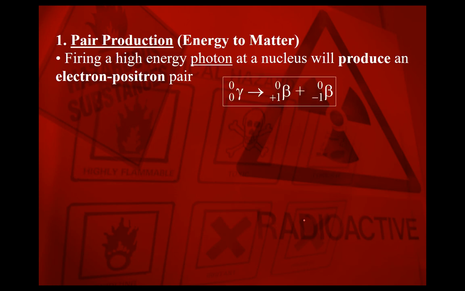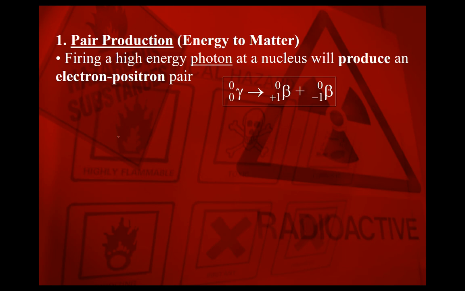Okay, let's write down an equation to represent this. We take a gamma ray photon, which has no nucleons and no charge. We fire it at a target nucleus, and when it hits this target nucleus, we produce a positron, which is 0 plus 1 beta, and an electron, 0 negative 1 beta.